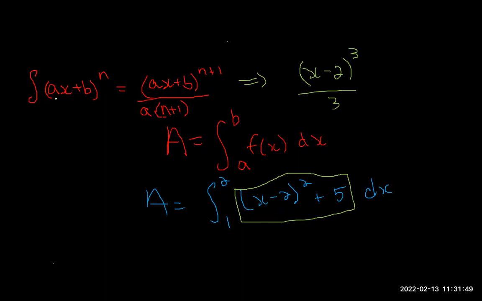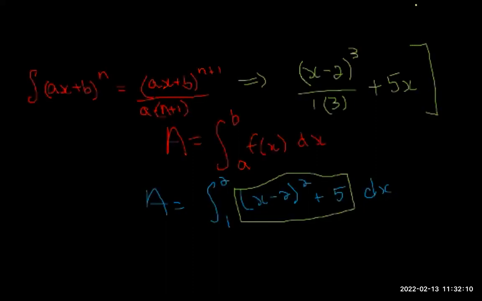A is the coefficient of x, whatever number comes before x. In this case, a is 1. So 3 times 1. And then you just integrate the 5 using the rules that you know. It's going to give you 5x. You put your bracket, upper limit 2, lower limit 1.